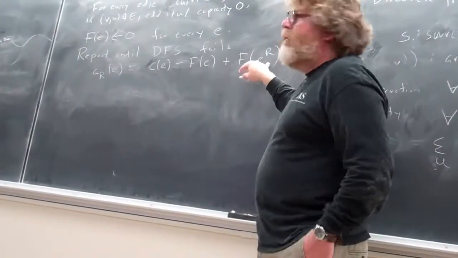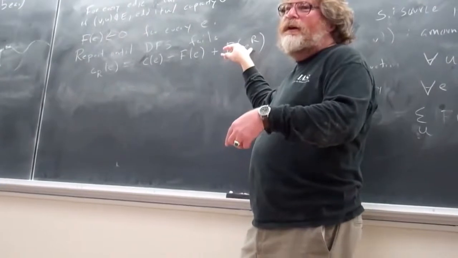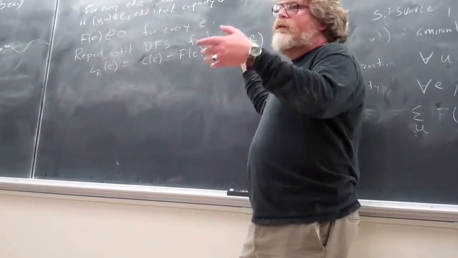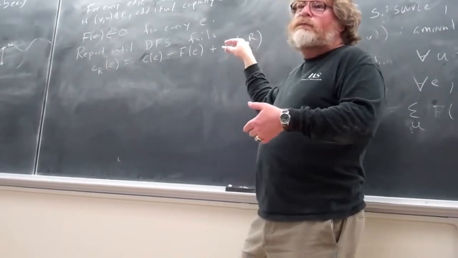So if we're actually sending flow in the other direction, that increases the capacity in our direction because we have the right to change our mind and decrease that flow.